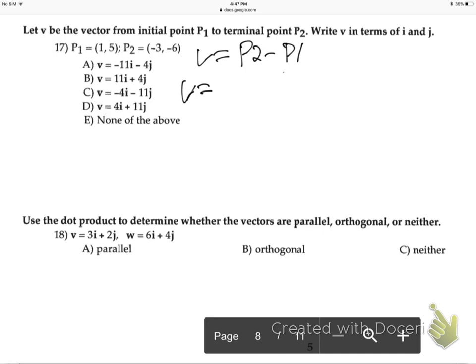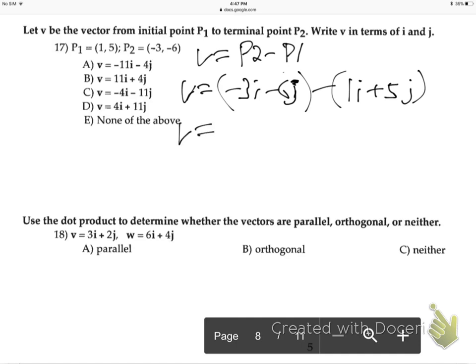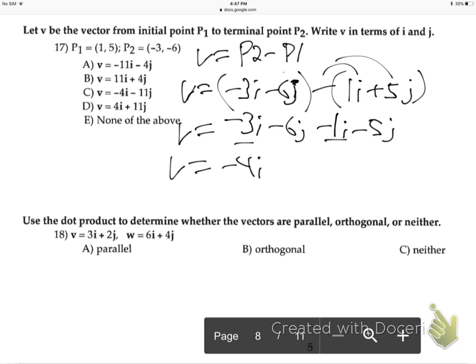So it's going to be the P2 vector, which is minus 3i minus 6j, minus the P1 vector, which is 1i plus 5j. So that minus sign distributes. Minus 3i minus 6j minus 1i minus 5j. So it's minus 4i minus 11j.